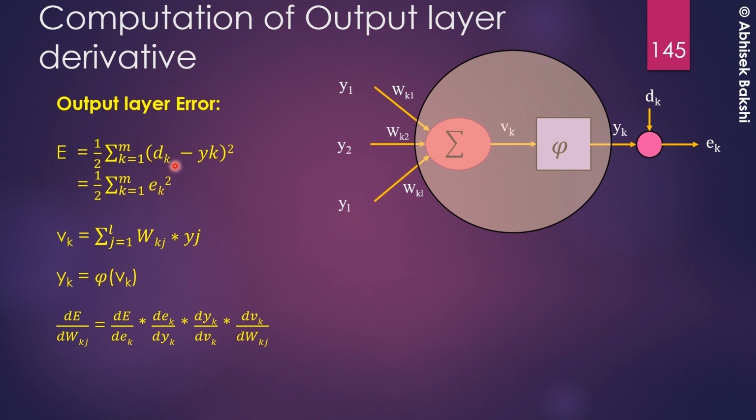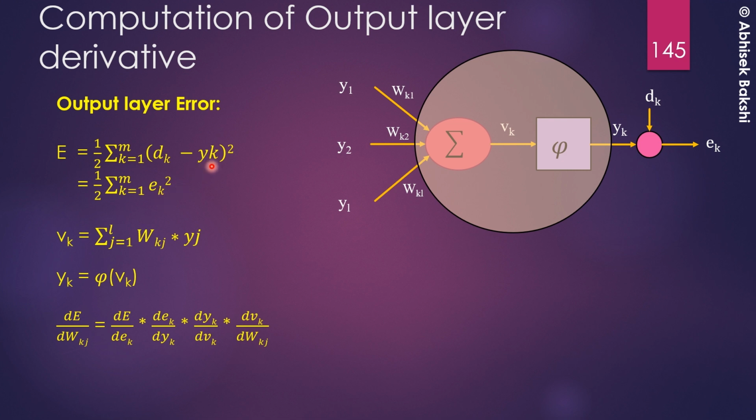Why? Because dk is a desired value which will always remain constant. Yk may vary based on the weight values; yk will vary, dk will never vary. So this ek value will be a function of yk.